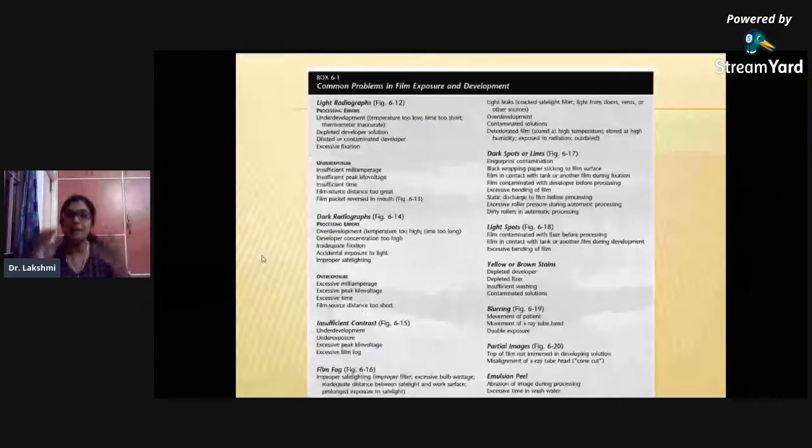But to read it just like this, you are not going to understand very appropriately, because you also need to know how an error looks, so that tomorrow if you have a radiograph, you will be able to find out what the error is and why it has been caused. So first, please go through the photographs along with the explanation which I will be teaching you now, and then go back to this tabular column so that it makes sense. Okay, so let's start now.